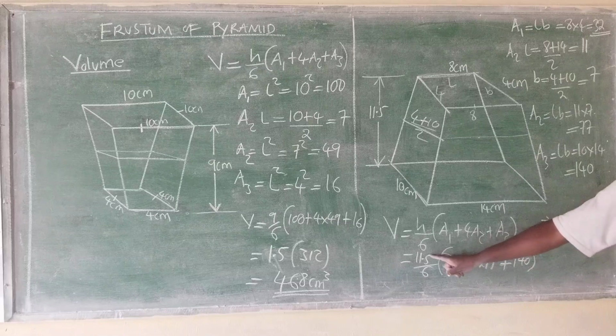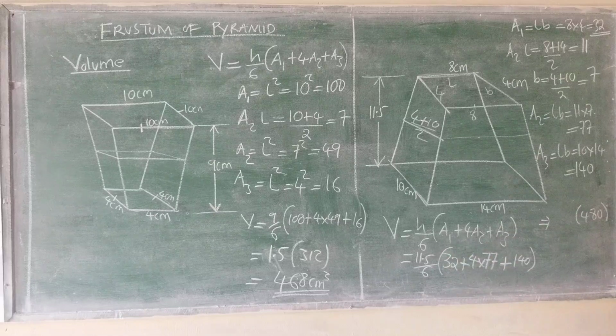Then divide 11.5 by 6. 11.5 by 6 is 1.91. Okay, so multiply this 1.91 by 480. What answer are we getting?